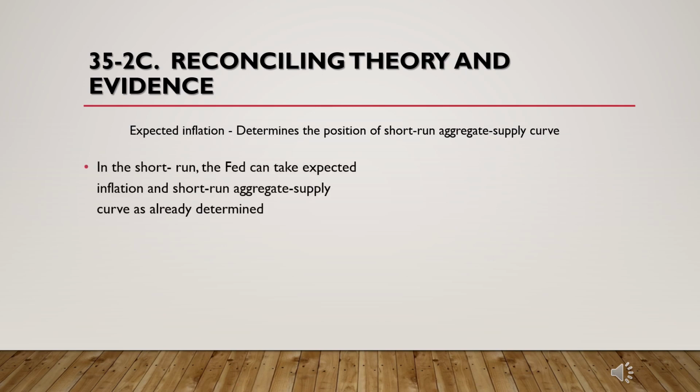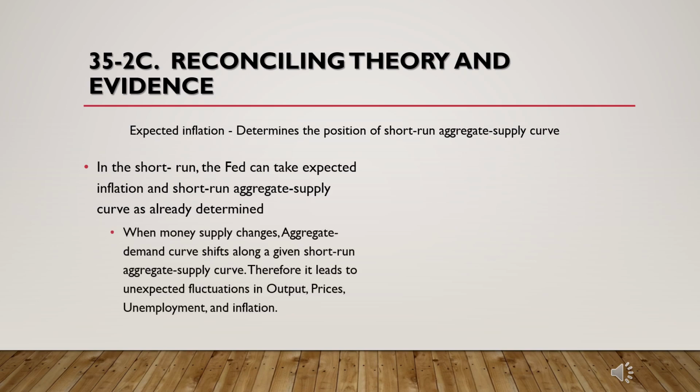In the short run, the Fed can take expected inflation and the short-run aggregate supply curve as already determined. When the money supply changes, the aggregate demand curve shifts along a given short-run aggregate supply curve. Therefore, it leads to unexpected fluctuations in output, prices, unemployment, and inflation.